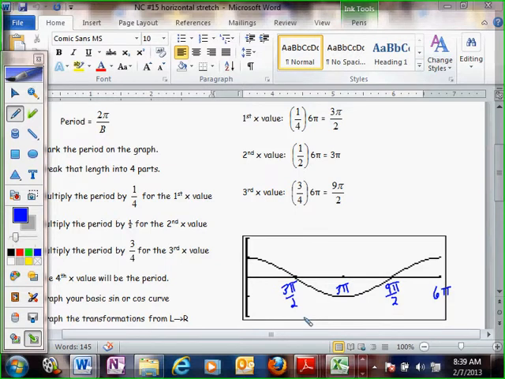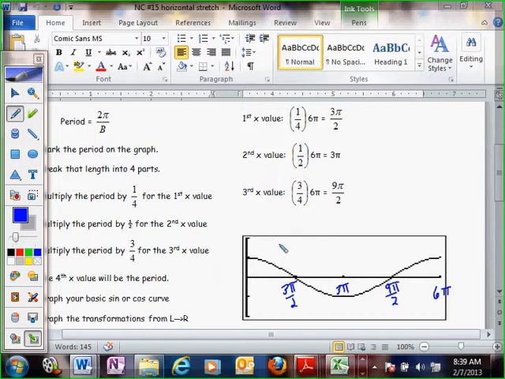And so you still want to do these in the order of operations from the parentheses, then you do your multiplication, and you're adding and subtracting first. But if you have a horizontal shrink or stretch, remember this is the first thing you have to do. Find your new period and sketch your new parent curve, and then start from there and go from there. So this is how you do this.